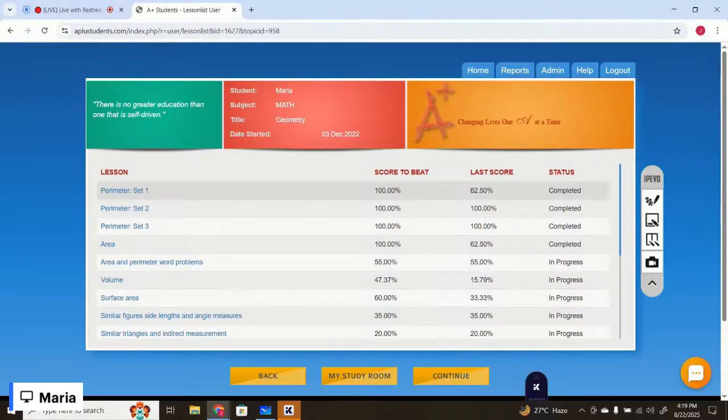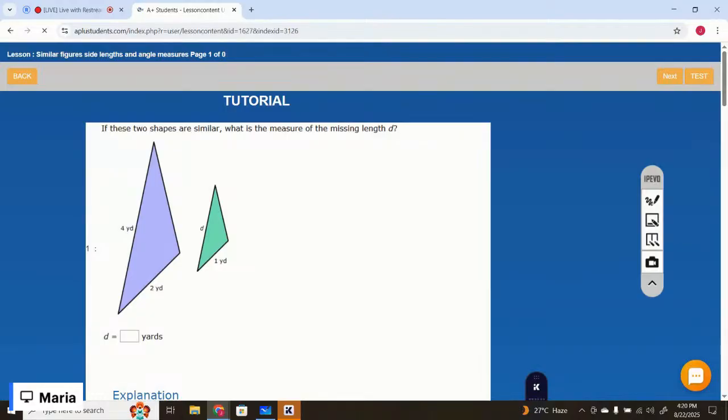The next lesson is similar figures, side lengths, and angle measurement. If these two shapes are similar, we need to form a proportion between the similar sides.